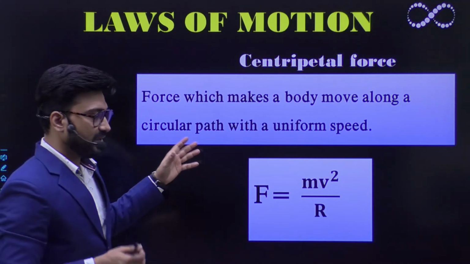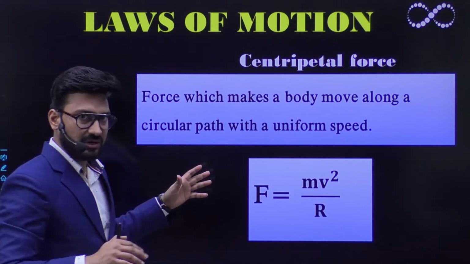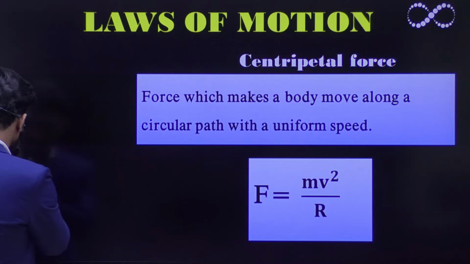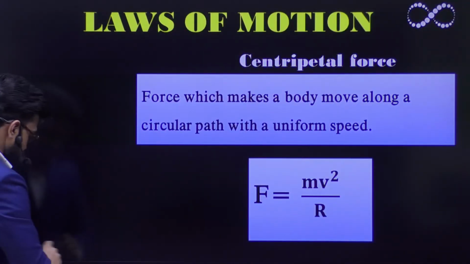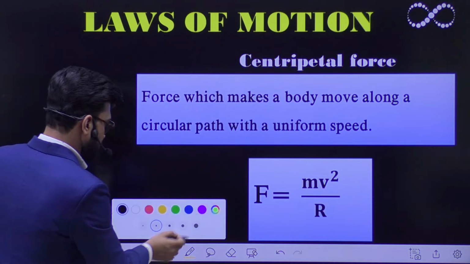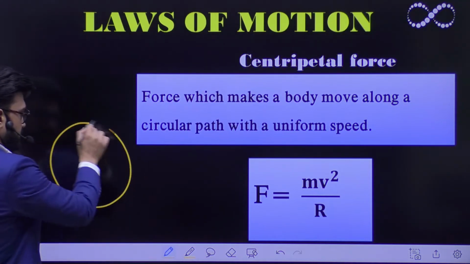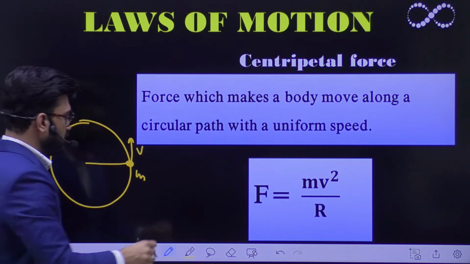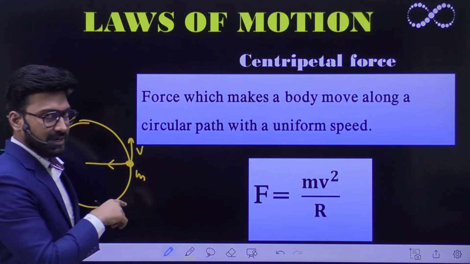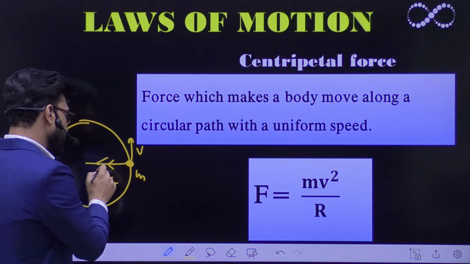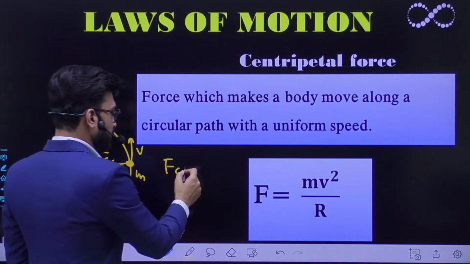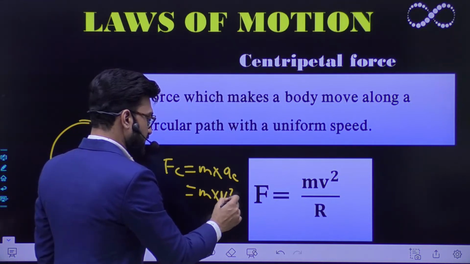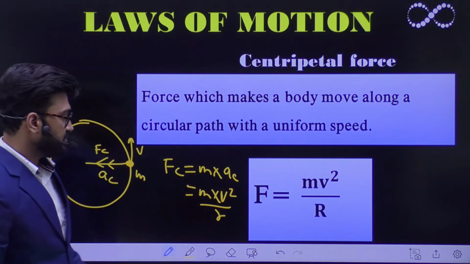This force only acts whenever a body is in circular motion. If a body of mass m is moving in a circular track with the speed of v, it will have inward centripetal acceleration ac, so it will have inward centripetal force, which must be equal to mass into centripetal acceleration, that is m v square by r, because centripetal acceleration is given by v square by r.